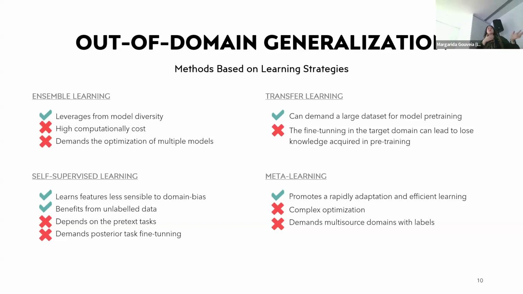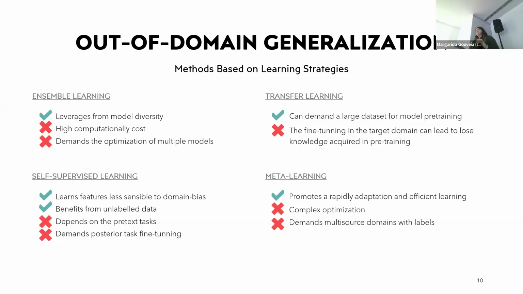For domain adaptation, a simple approach is training a model in the source domain, taking a few samples of the target domain, and using transfer learning to fine-tune the model to the target domain. But this can only be done for domain adaptation. For domain generalization, if we don't have access to the target domain, we cannot do this.